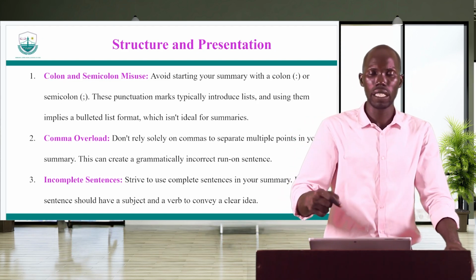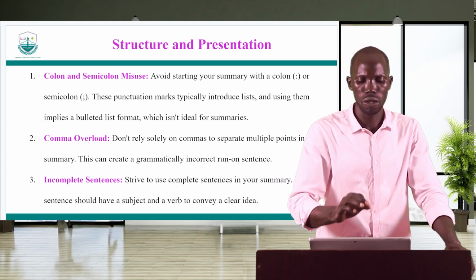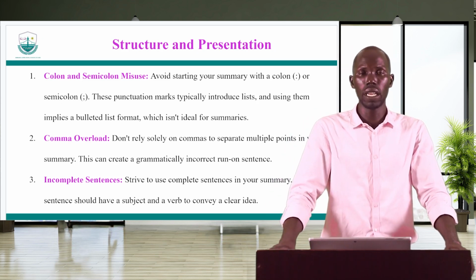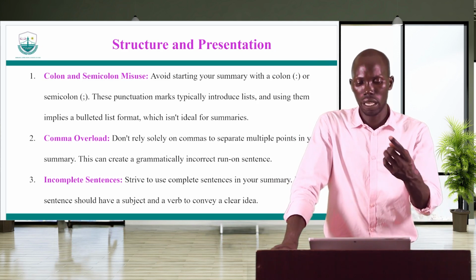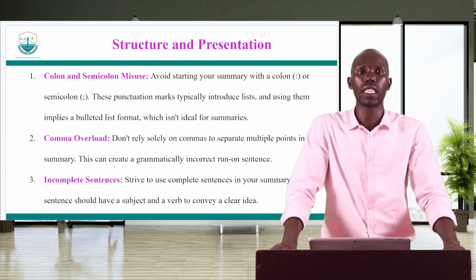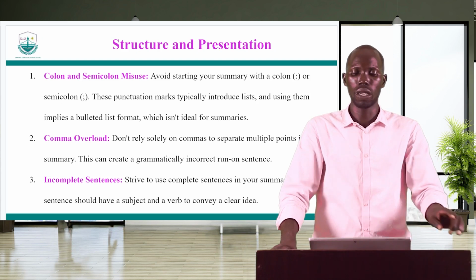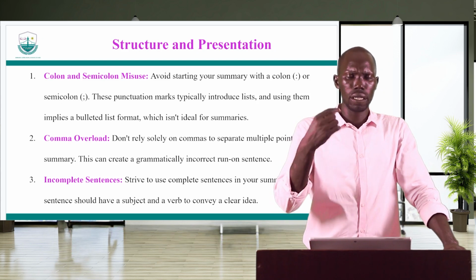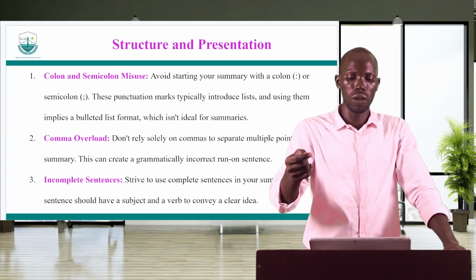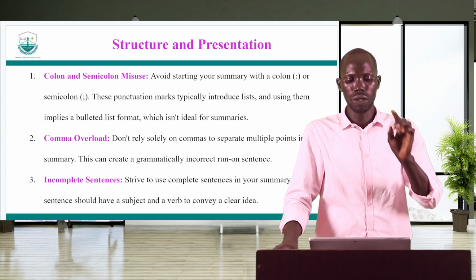A full colon and a semicolon are used for introducing lists, and it would mean that you're also introducing lists of items in your summary, which isn't what you're supposed to be doing.